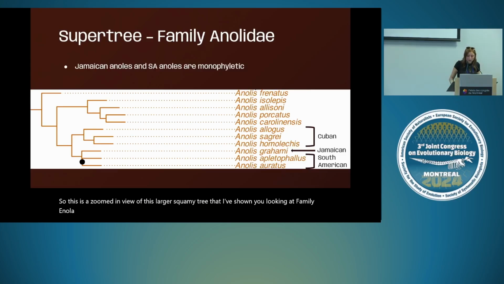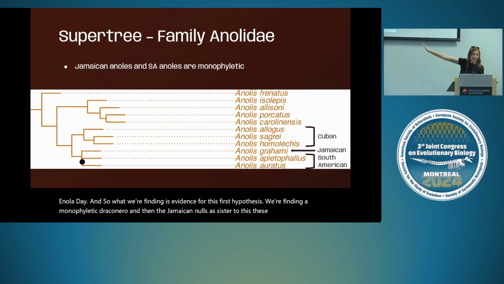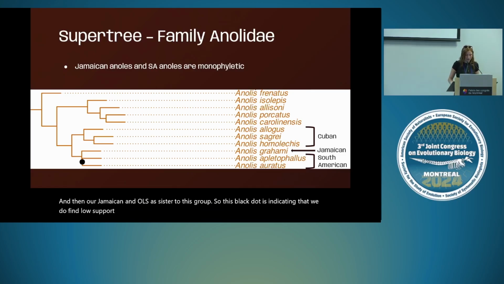What we're finding is evidence for this first hypothesis. We're finding a monophyletic Draconura, and then the Jamaican anoles as sister to this. These are really short branch lengths, so I know it could look like a polytomy. You'll have to just trust me there, it is not. Apletophalus and auratus are coming out as sister here to one another, and then our Jamaican anoles as sister to this group. This black dot is indicating that we do find low support for this node.